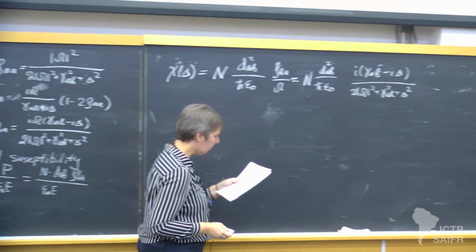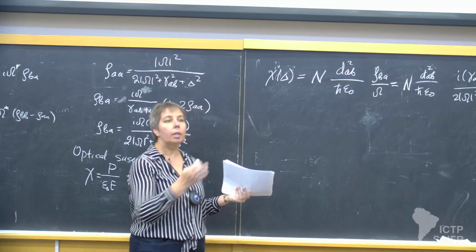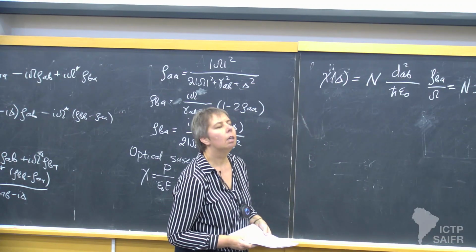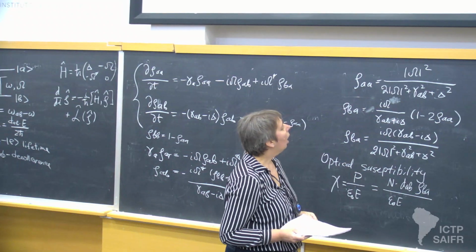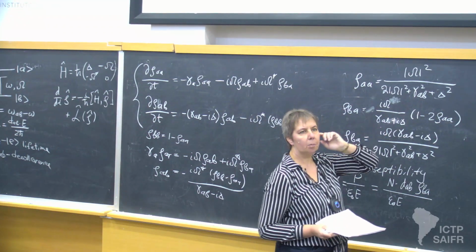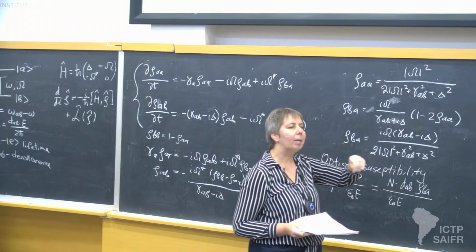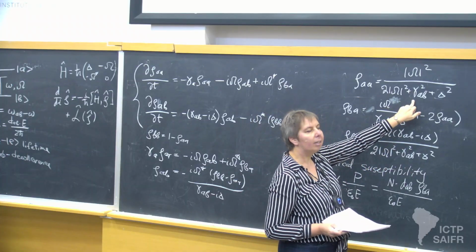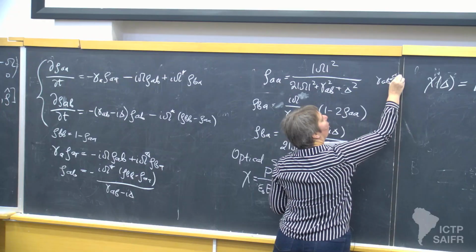Okay? Yes? The line width of the population should be gamma A, right? Okay, I made a little bit of simplification here. This is the correct answer, only with the assumption that gamma AB is gamma A over 2.